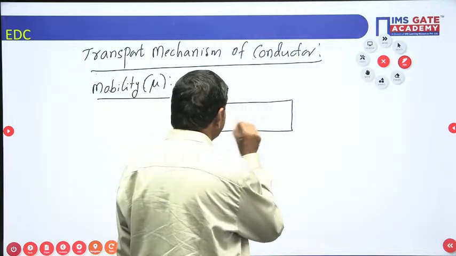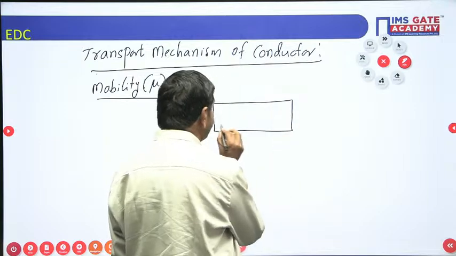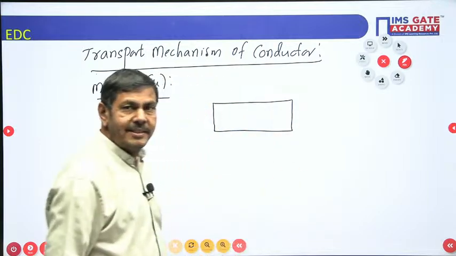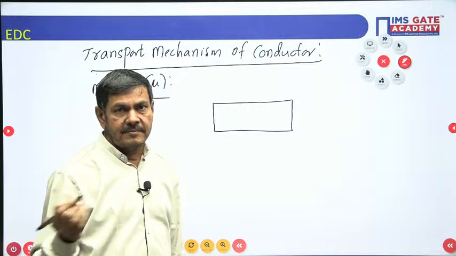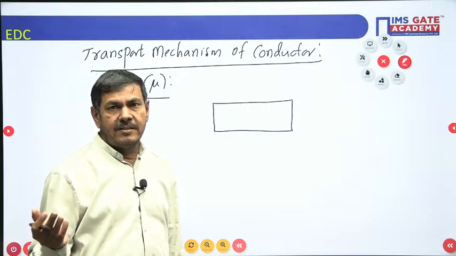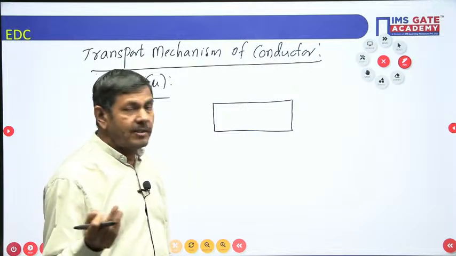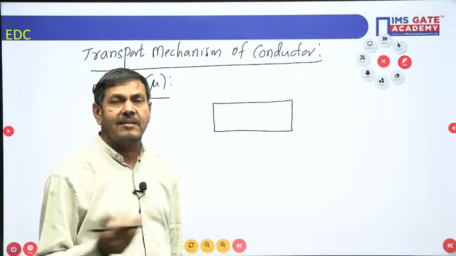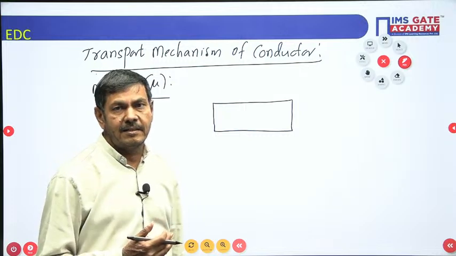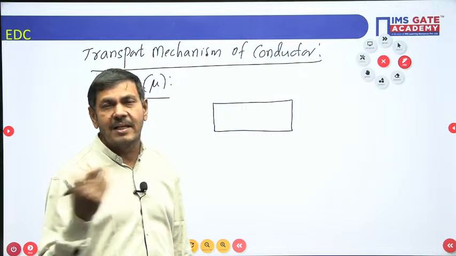But what is going to happen now? In that material, you can find an excess number of free electrons. Even though you are not giving any supply, electrons are going to move in the material. How are they going to move? Irregularly.